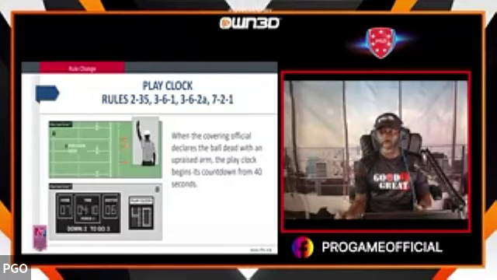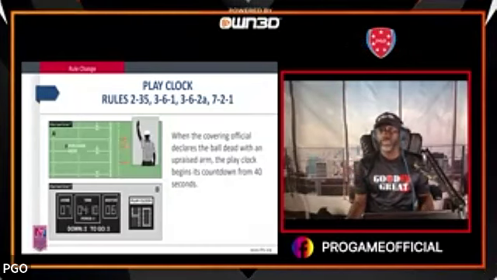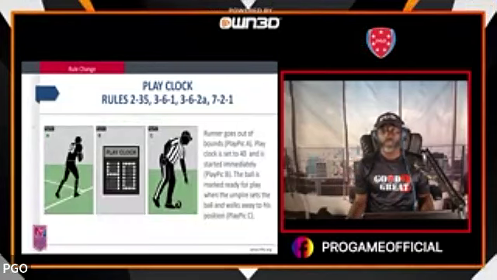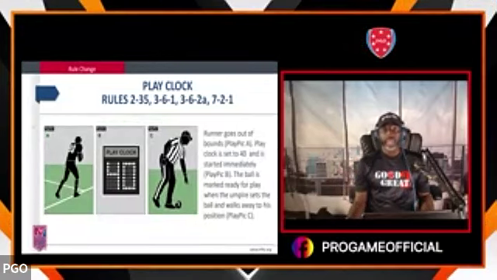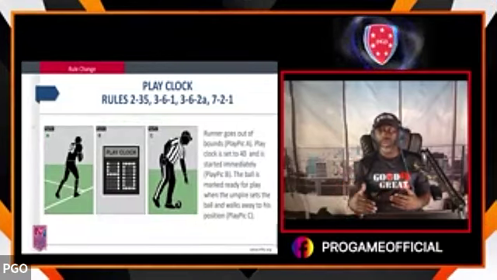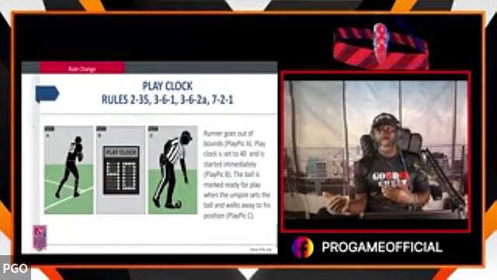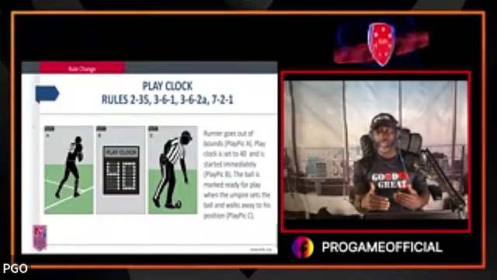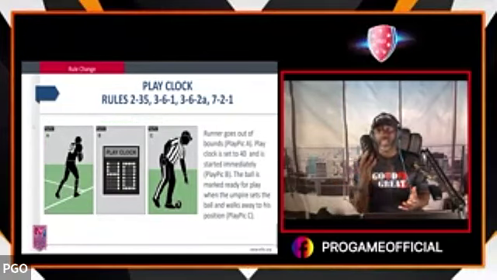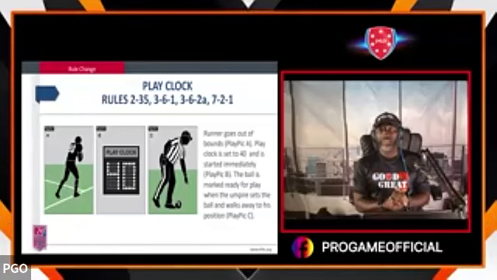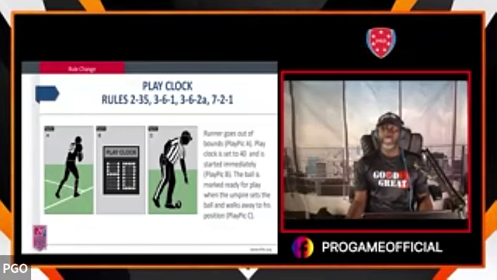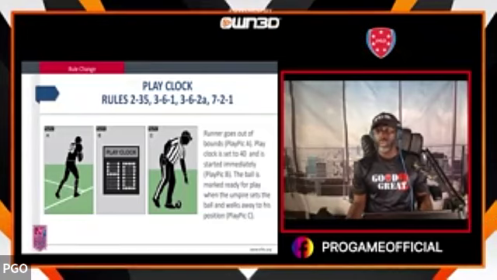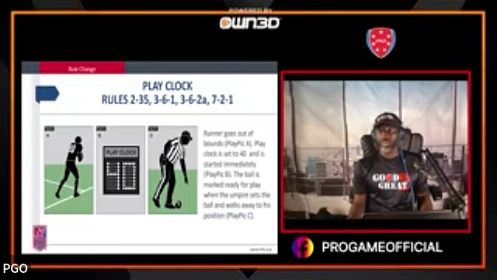That means the 40-second play clock starts then. All right. And so, the player stepped out of bounds. The 40-second play clock starts. As soon as the referee puts the ball down and steps away, then they may snap the ball and do what they have to do. But it's not ready until after we get a step away.